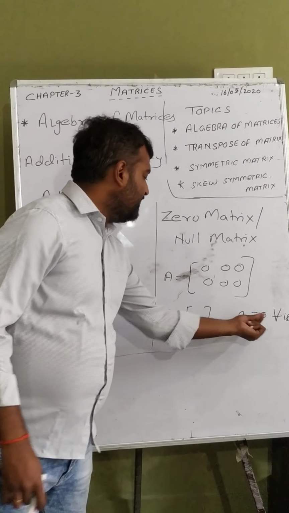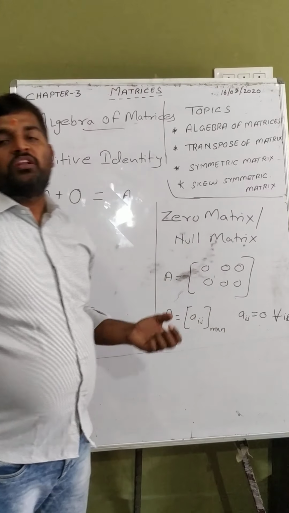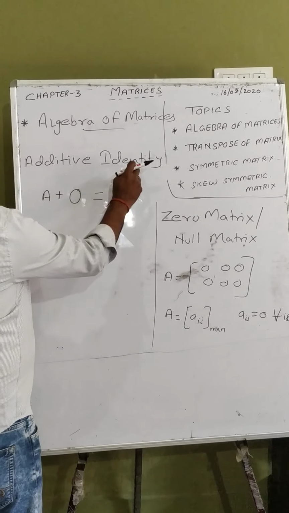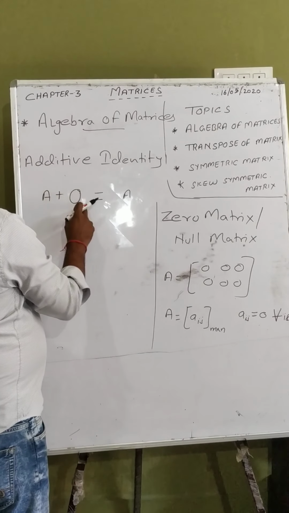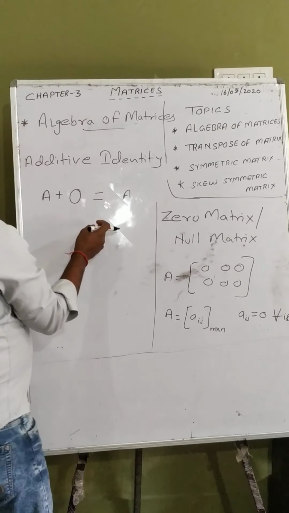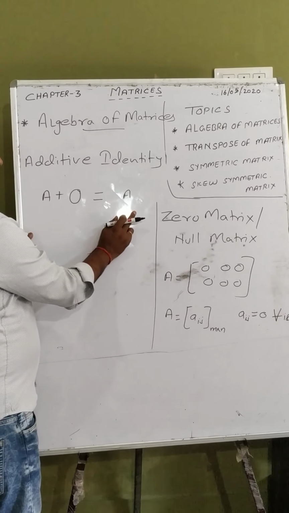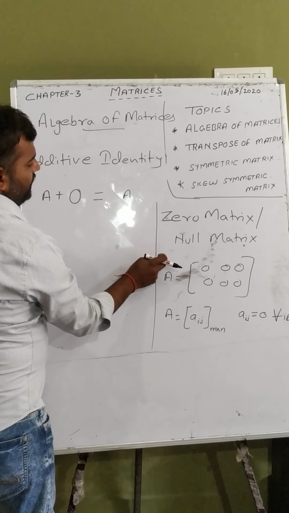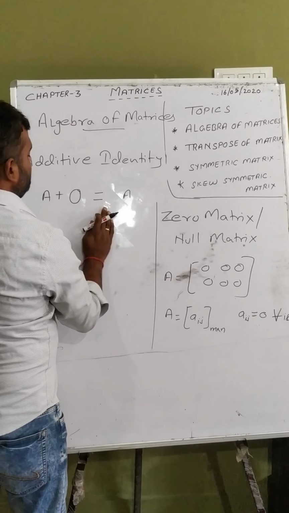For all i and j, if aij is 0, then A is said to be the null matrix or zero matrix. Then what is the additive identity? If A is a matrix, then the additive identity is 0, so A plus 0 equals A. We can prove this by taking a matrix A and a null matrix 0, adding them, and getting the same result.